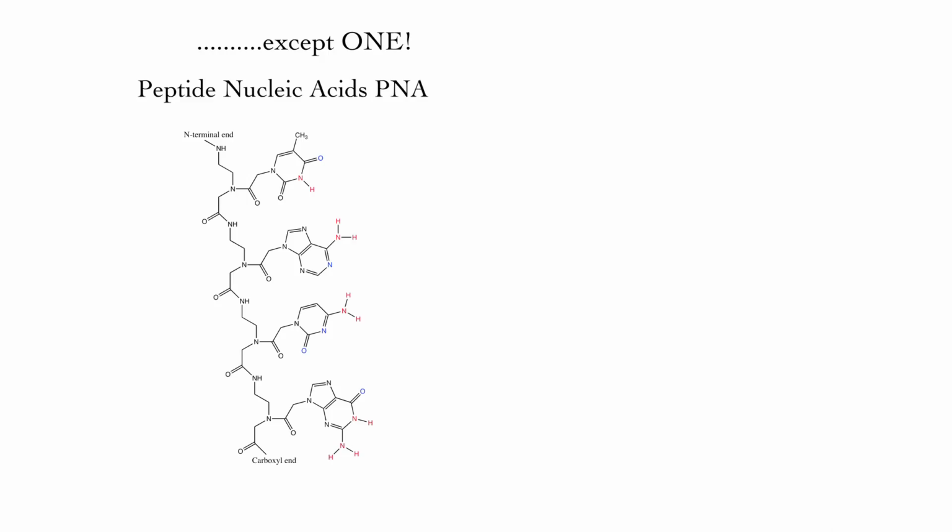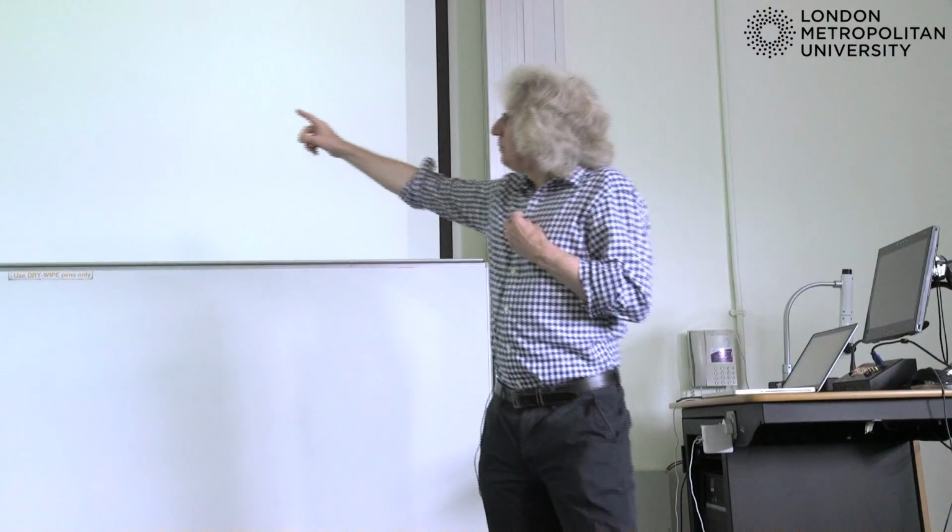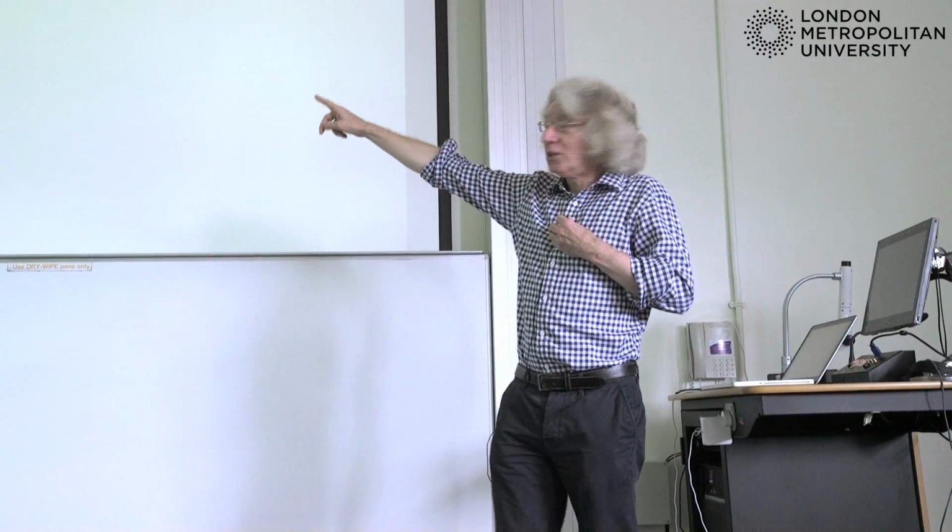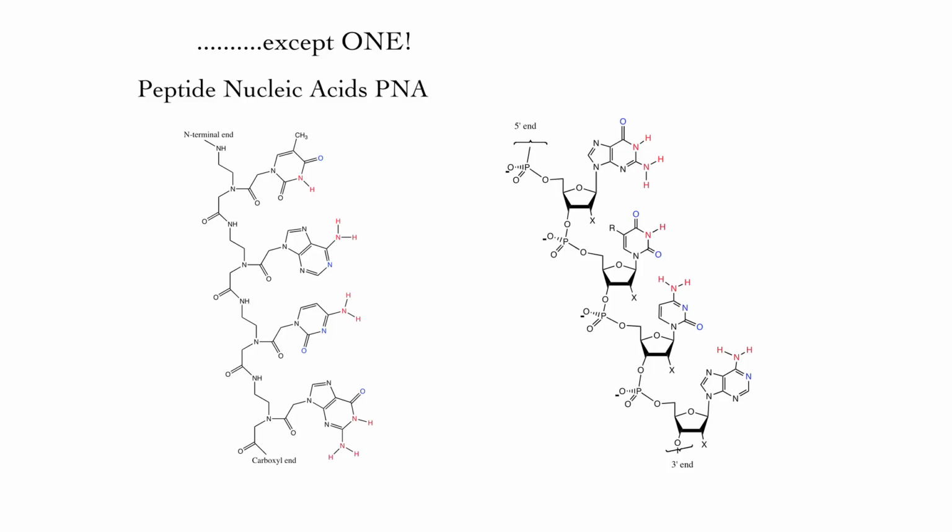It's an N-ethyl glycinal backbone in place of the sugar phosphate. But if you notice, it's got the same number of backbone bonds as naturally occurring DNA and RNA, and the same number of atoms between the backbone and the bases. You can compare it directly with naturally occurring DNA or RNA.